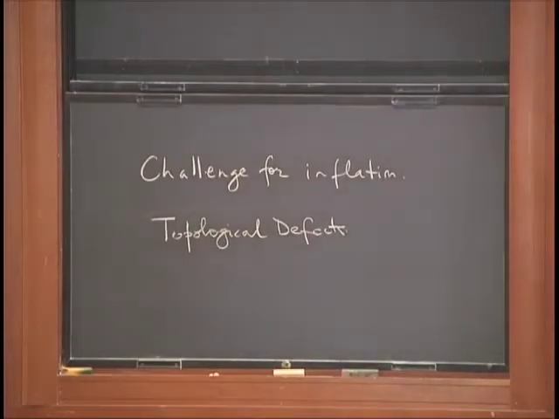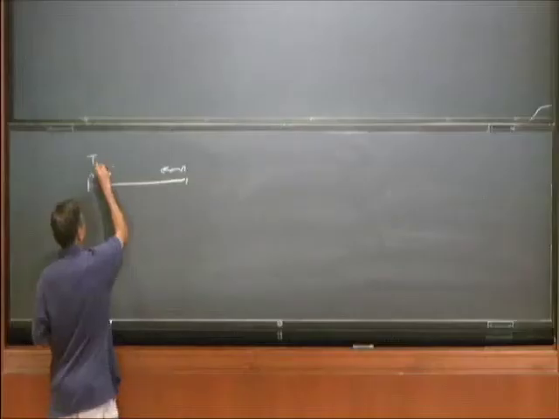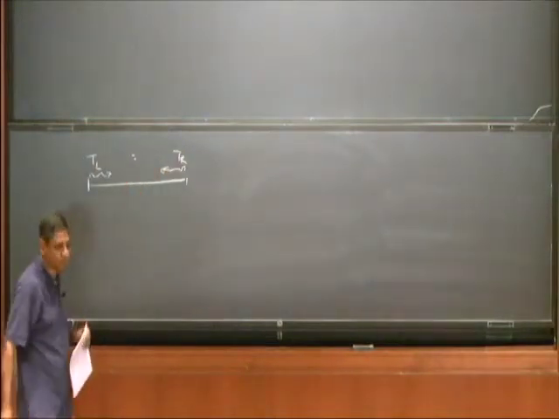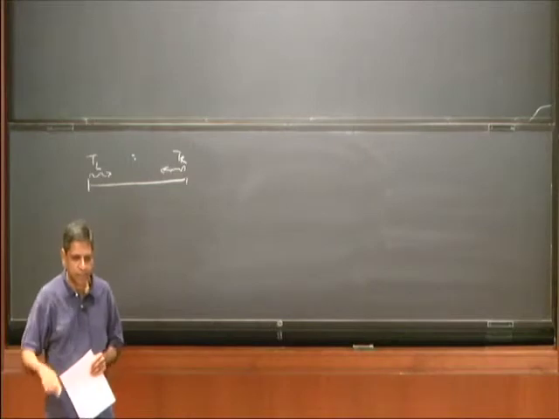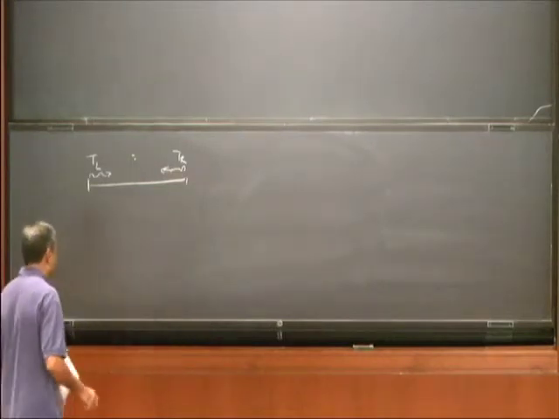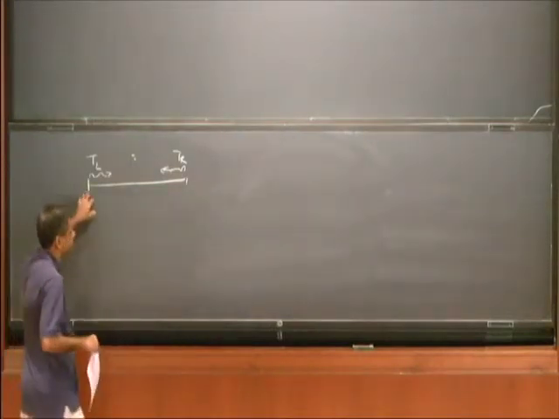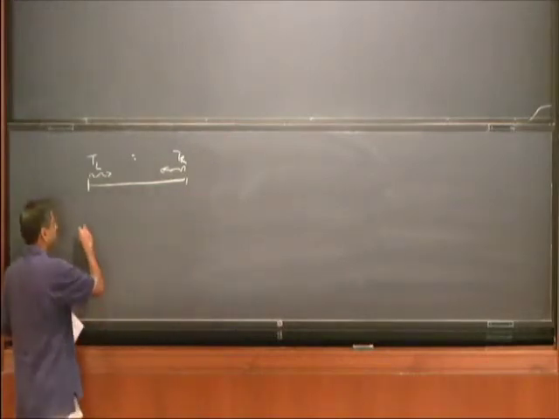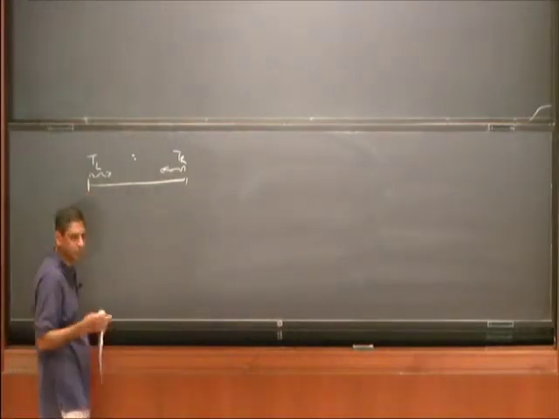So basically, the problem is that you have some region, there are photons coming from either side, and they are at the same temperature, T left and T right, and they are equal. And of course, these regions have been out of causal contact, and so this seems like a mystery.